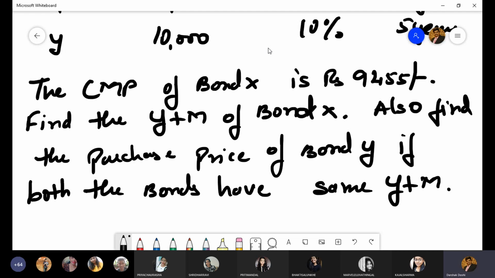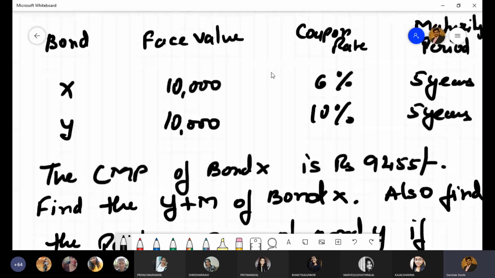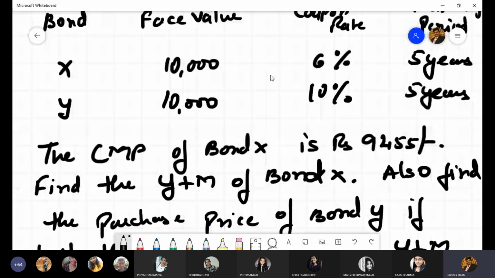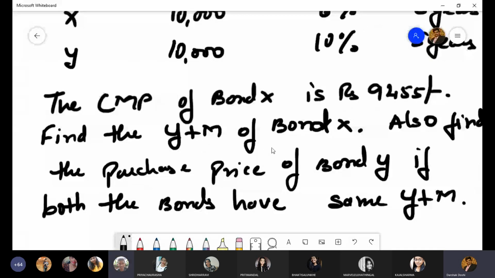Now in the given question, you have details of face value, maturity value, which is given as maturing at par, and current market price of bond X. So what I was telling is, for bond X, you have maturity value, coupon rate, purchase price, and the period.